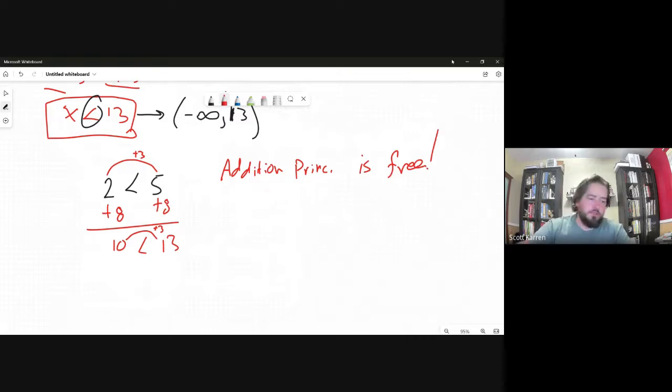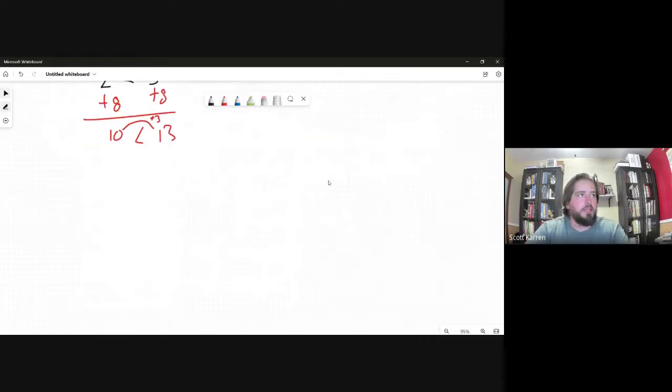But if I do the same thing, let's say I've got 2 is less than 5, and I multiply both sides, let's say by 3, in my original inequality, there's a difference of 3, but after I multiply, the left-hand side, 3 times 2, is 6.